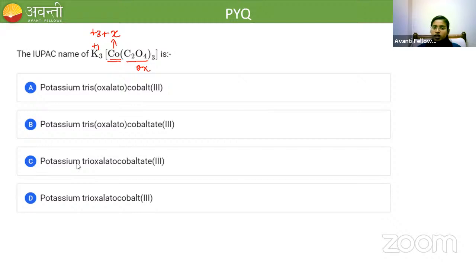For each oxalate, the charge is -2. So 3 into -2 is -6, and the total equals 0. From this, X is equal to 6 minus 3, which is +3. So +3 is the oxidation state given in all the options.